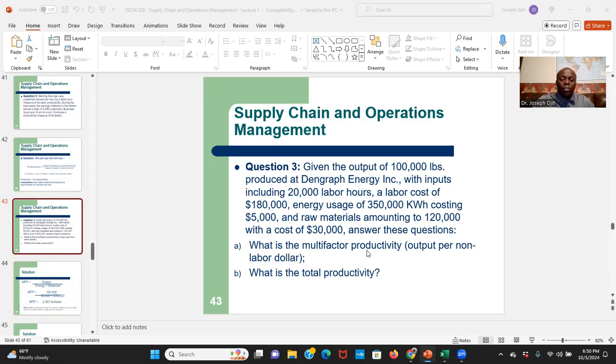What is the multi-factor productivity, that is, output per non-labor dollar? Then what is the total productivity?